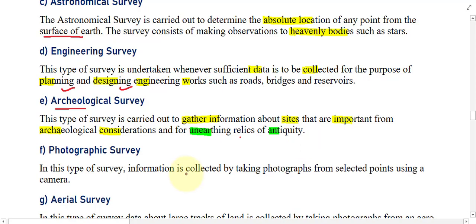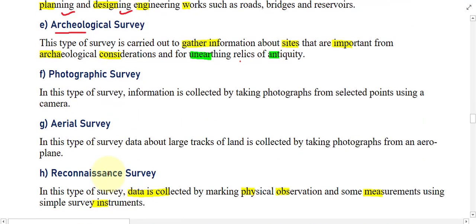Next is photographic survey. In photographic survey we collect our information with the help of photographs. If these photographs are taken in the air with the help of moving objects like aeroplanes, balloons, or sometimes pigeons, then that type of survey is known as aerial survey.